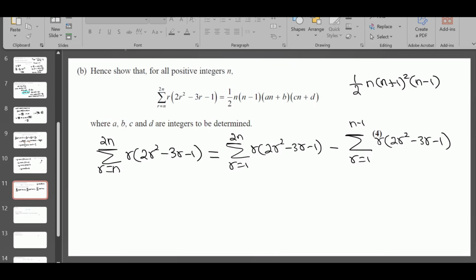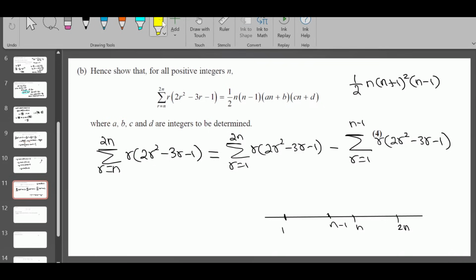Hope you understand this term. We need basically, this is 1, this is n minus 1, n, 2n. We need from n to 2n. So we find 1 to 2n and subtract this part.